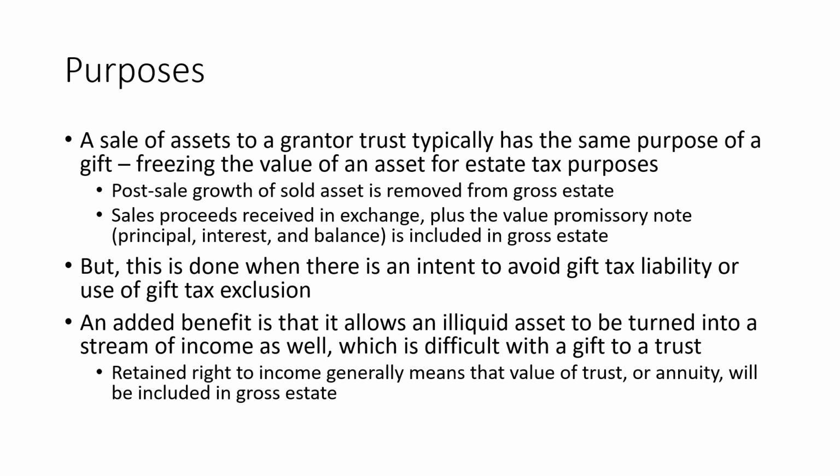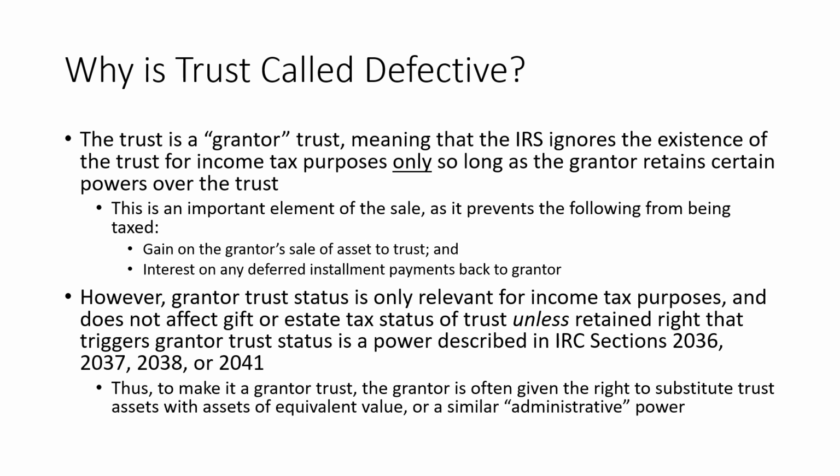So this allows you to essentially convert an illiquid asset into a stream of income without having to use a form of trust that's been blessed by the IRS, like a GRAT, or it allows you to essentially retain that income stream and argue that there was a sale or exchange which could keep Code Section 2036 from applying. But keep in mind, too, that your income stream under the promissory note would be included in your gross estate.